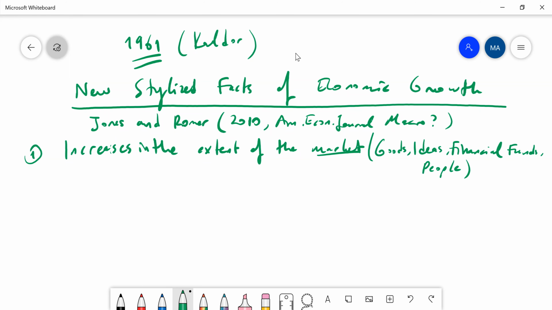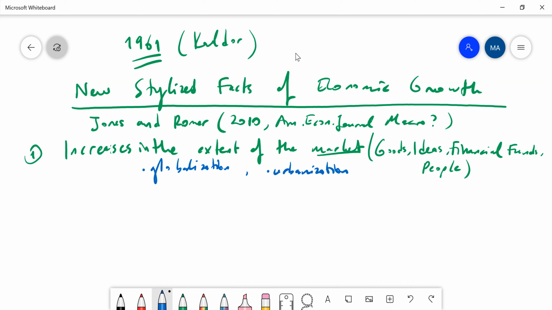Now, because of two things, one is globalization, and the other is urbanization, now we observe larger markets all across the world, okay? Within a country, we see urbanization processes going on, markets getting larger in that sense, and markets are getting much more connected compared to half a century ago.